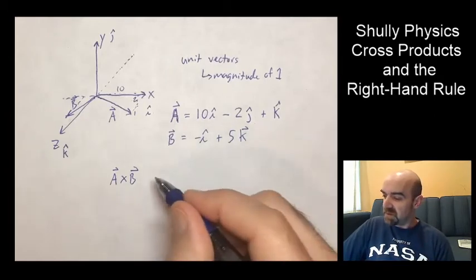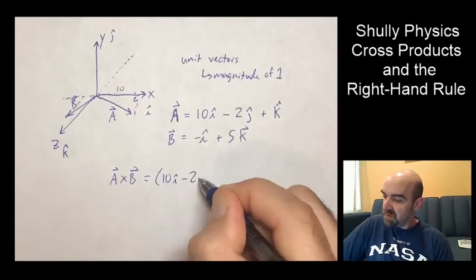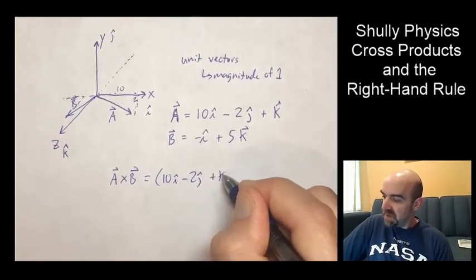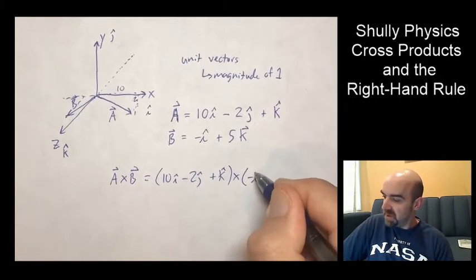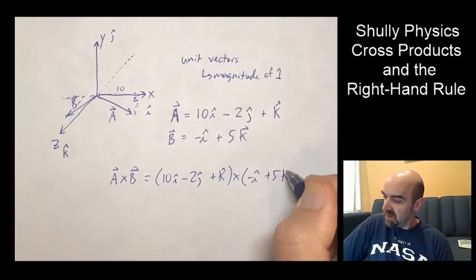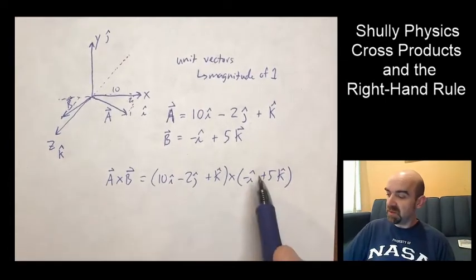So what that means is, if we're to take 10I minus 2j plus k and cross it with negative I plus 5k, you'd handle it just like normal algebra. We'd have to distribute each one of these.